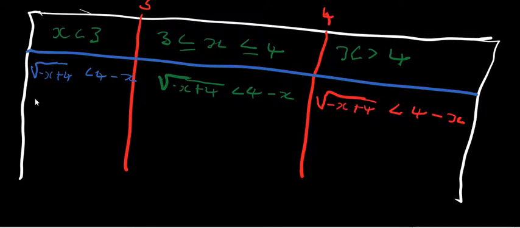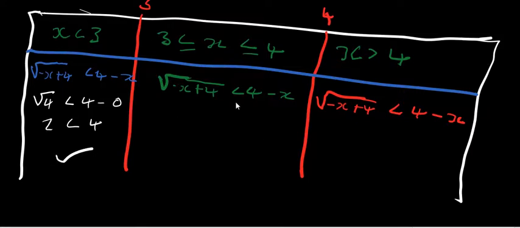When you get 0 there, you're going to have square root of 4, and this side it's going to be 4 minus 0. So this will be 2 is less than 4. So automatically this part has agreed.